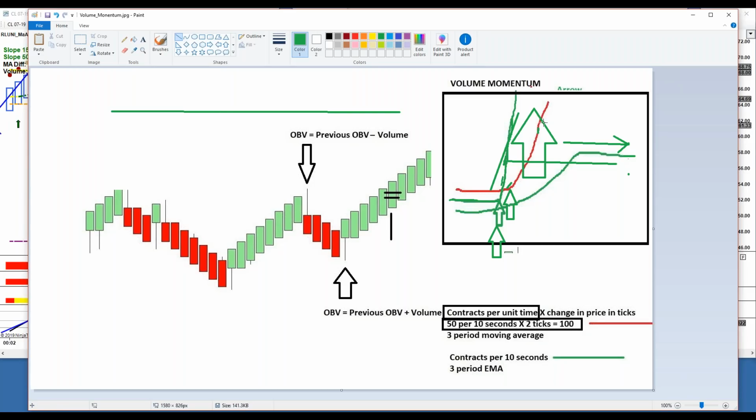But I'm going to project these lines, and it's going to have the entry signal projected onto price on your trading chart. You're not going to have to keep looking at this indicator to see when it's going to signal an entry on your charts. Now, initially, again, we're only going to go long above the 50 and short below the 50.